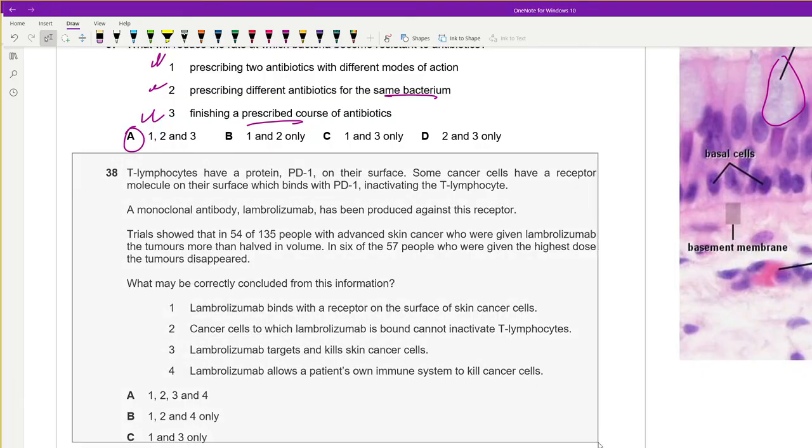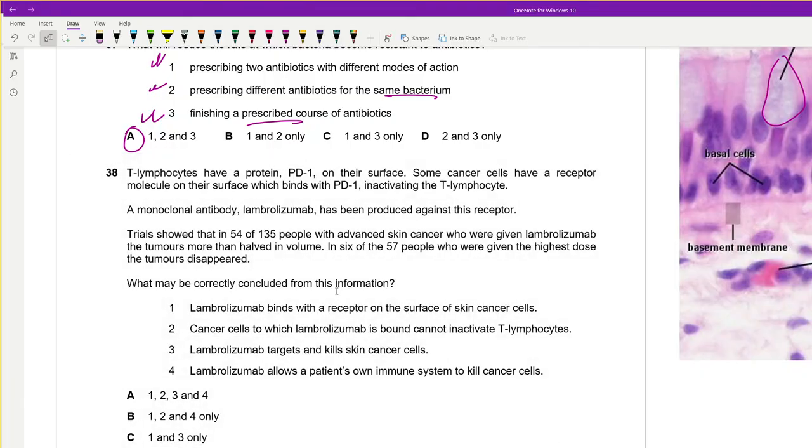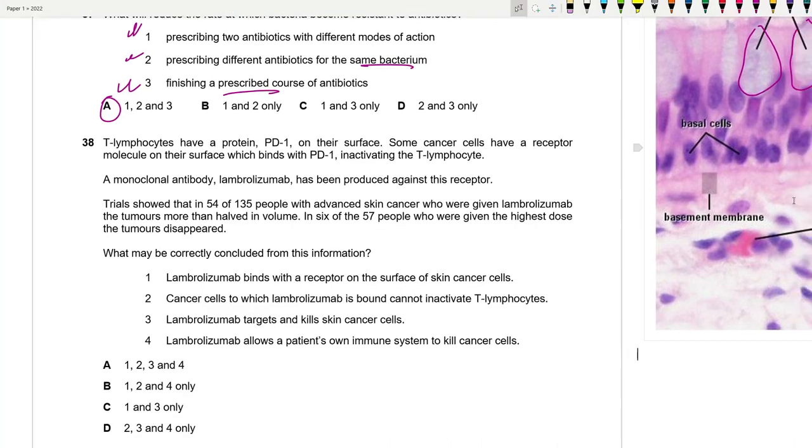All right, last three. T lymphocytes have a protein PD-1 on their surface. Some cancer cells have a receptor molecule on their surface which binds with PD-1, inactivating the T lymphocyte. Okay, so for 38, T lymphocytes have a protein PD-1 on their surface.